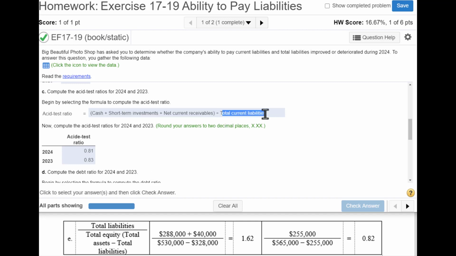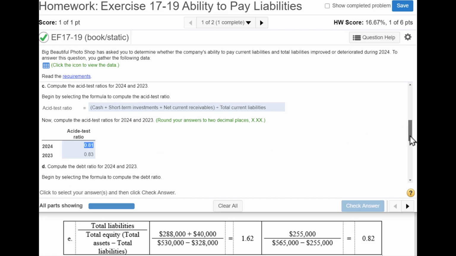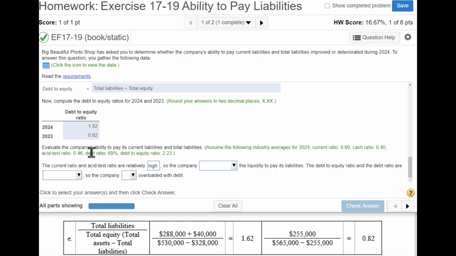On the bottom we want a low number, current liabilities. So we want a high number. So ours is 0.81, the industry average is 0.46. So again, ours is relatively high. So the company appears to have the liquidity to pay its liabilities.